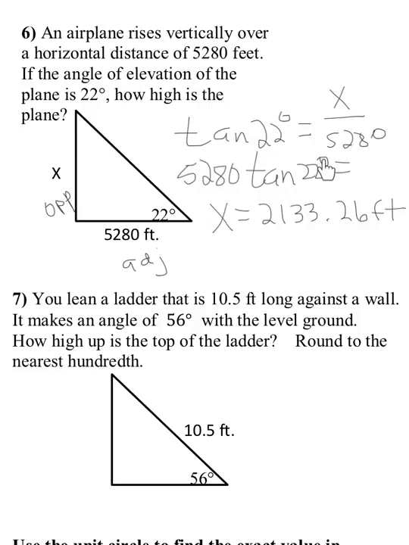If you don't do that, you're going to get the wrong answer. So 5,280 tangent 22 degree symbol, hit enter, you're going to get that x equals 2,133.26 feet. Make sure you're practicing this with your calculator before the test.